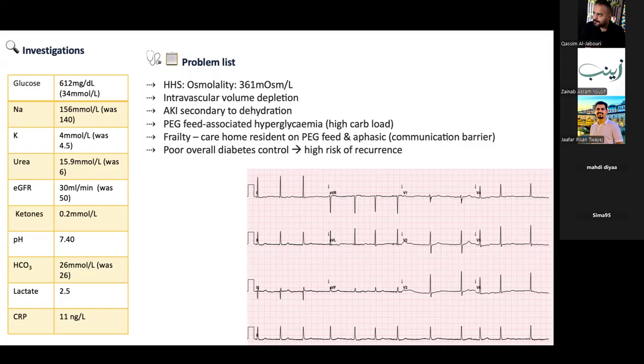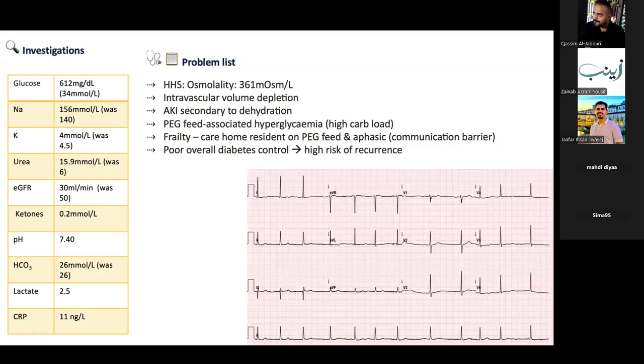She has intravascular volume depletion manifested by hypernatremia and AKI. She has PEG feed associated hyperglycemia. There's a high carb load through her PEG feed, which is not met with adequate insulin. And this is likely the trigger here.